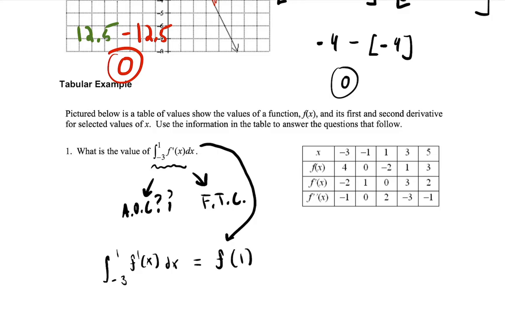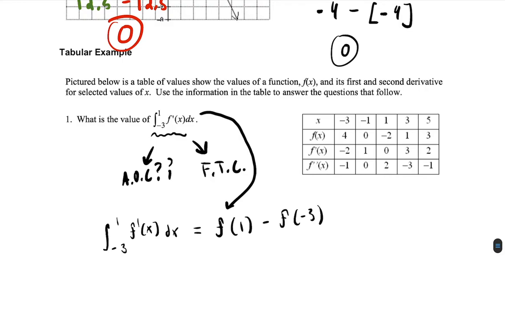So this is just f of 1 minus f of negative 3, which are values that we could look up in the table. f of 1 is going to be negative 2, minus f of negative 3, which is going to be 4. So we have negative 2 minus 4 to get negative 6.